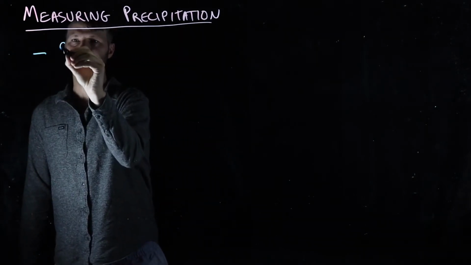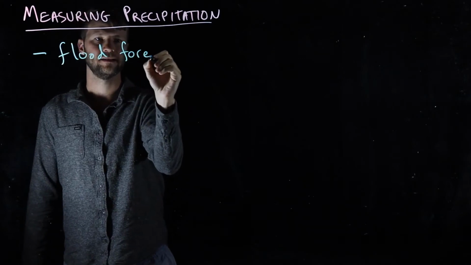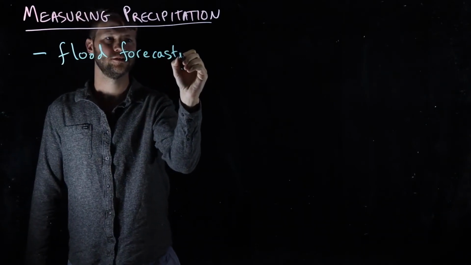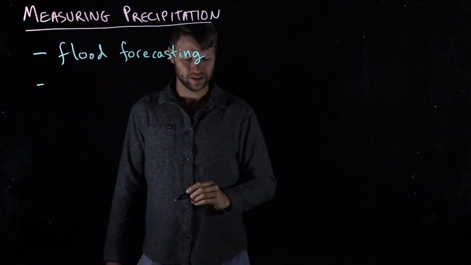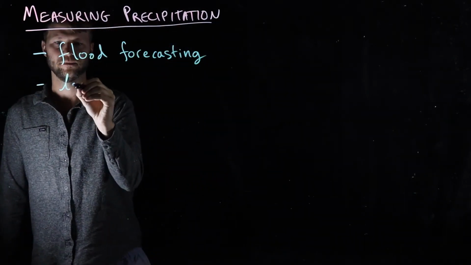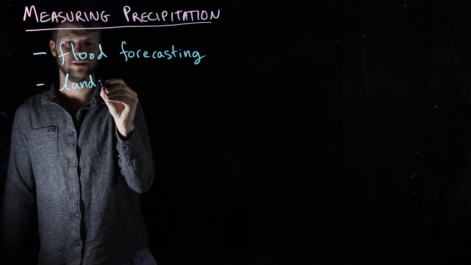It's important for things like flood forecasting, a phenomenon that kills hundreds of thousands of people. It's important for predicting things like landslides, which are often triggered by intense bits of rainfall.